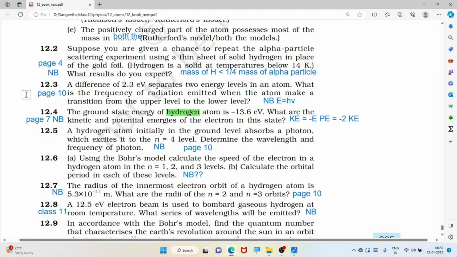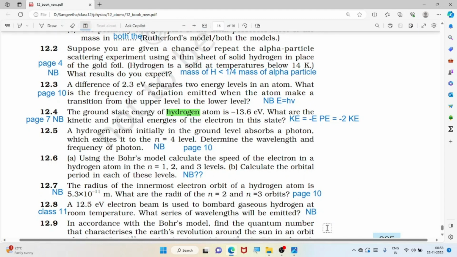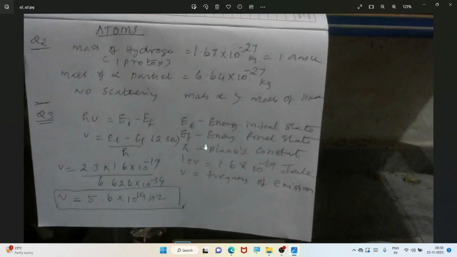Suppose you are given a chance to repeat the alpha particle scattering experiment, but using a thin sheet of solid hydrogen in place of the gold foil. The gold foil is around 50 times heavier than the alpha particle, but here the alpha particle is 4 times heavier than hydrogen, so it will not be deflected or scattered.